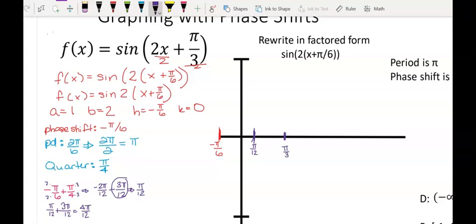All right, I'm going to take that same 4 pi over 12, because 4 pi over 12 is equal to pi over 3, and I'm going to add 3 pi over 12 again. And that gets me 7 pi over 12. So there's my next one. I've got to get one last one, so I'm going to add 3 pi over 12 again. And that's going to get me 10 pi over 12, which I can reduce down to 5 pi over 6.